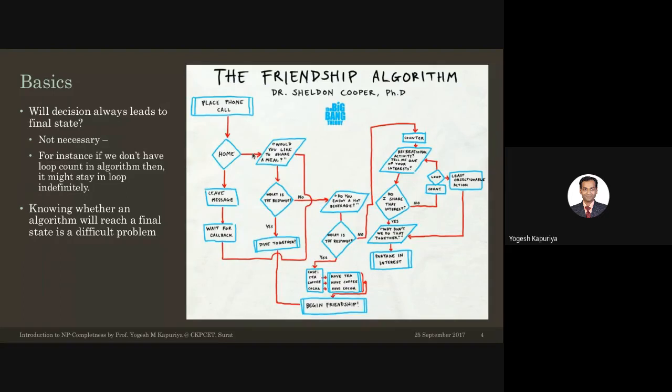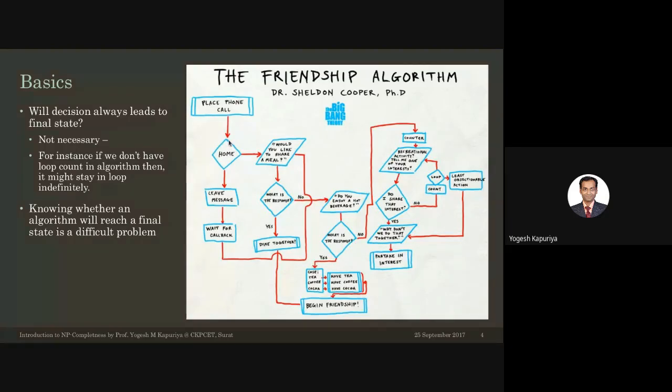If the answer is yes, the next question: would you like to share a meal? Shall we dine together? If the answer is yes, then you can begin the friendship via this first dinner or lunch. That was this path.